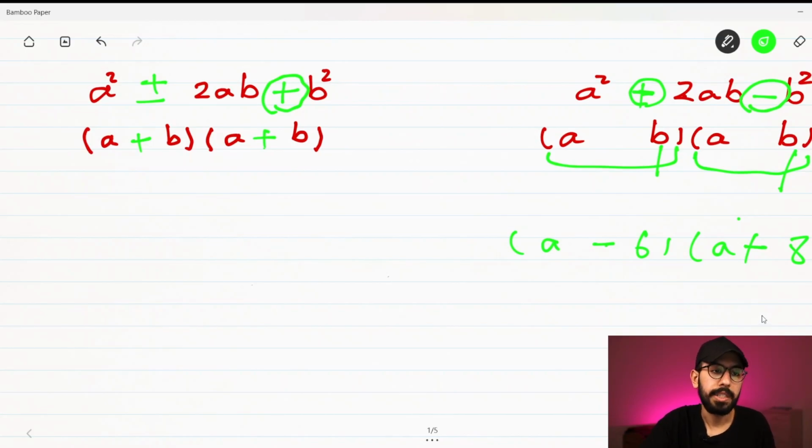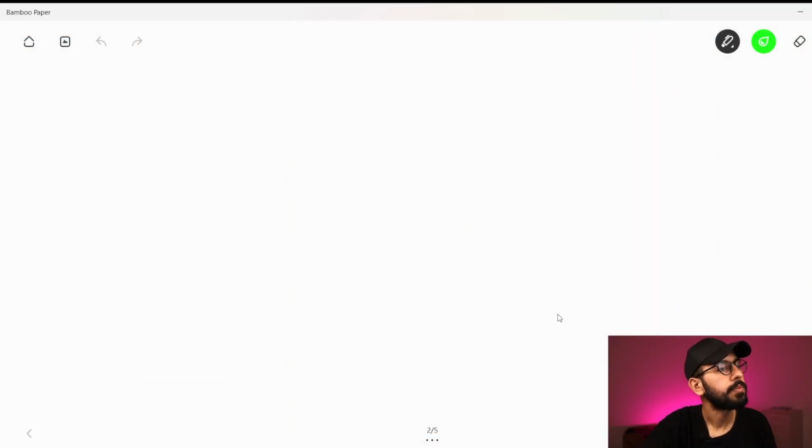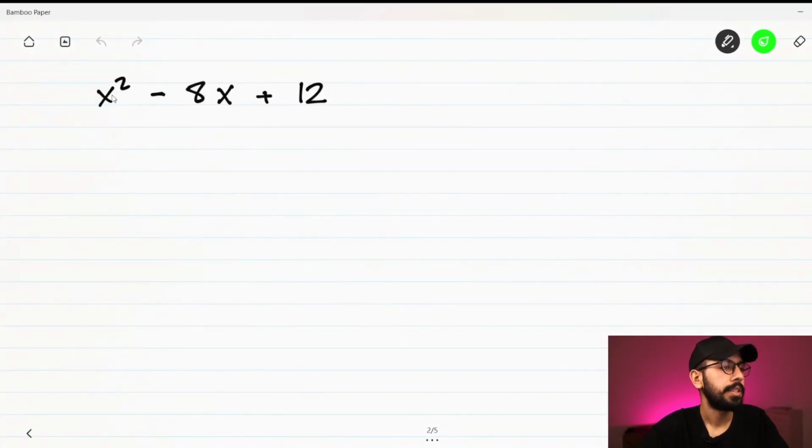It is just easy like that. We will take some examples to understand it more deeply. In this example we have x squared minus 8x plus 12. As we have said, we cannot take the root of 12, so we make two brackets. Then we look here: what are the two terms that multiplied give x squared? x multiplied by x.